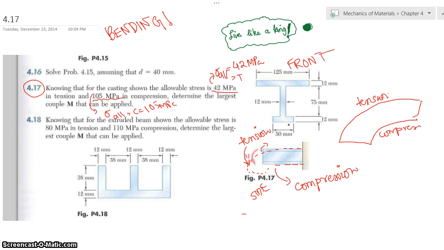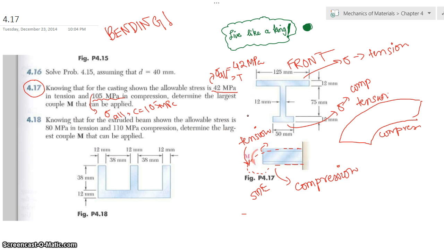So the sigma over here will be the compression, and the sigma over here will be on tension. I've got to find the sigma at this place and at this place, and compare the tension value with the maximum tension and the compression value with the maximum compression. So this is the basic idea of the question, so let's get to work.